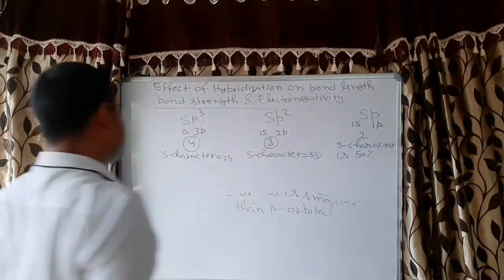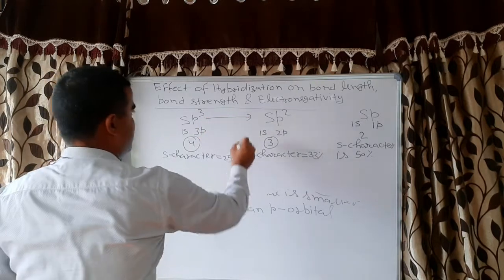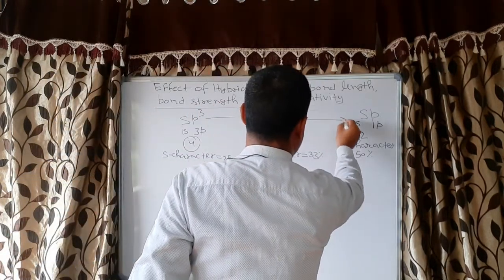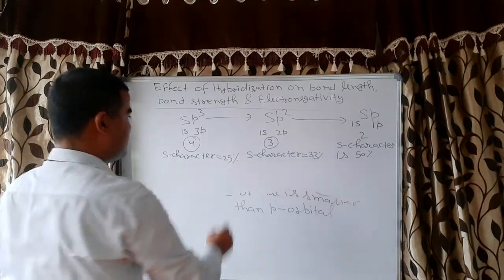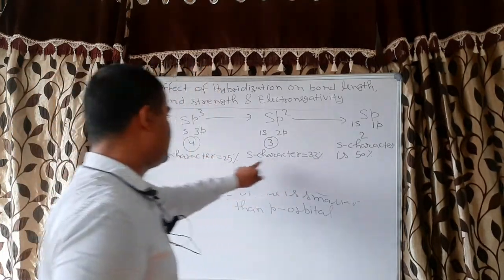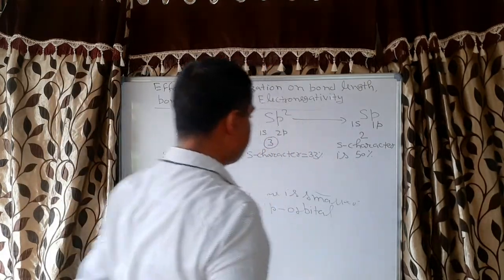So now what you see, as we go from sp3 to sp2 and sp2 to sp, the s character is increasing. Here it is 25%, here it is 33%, here it is 50%.